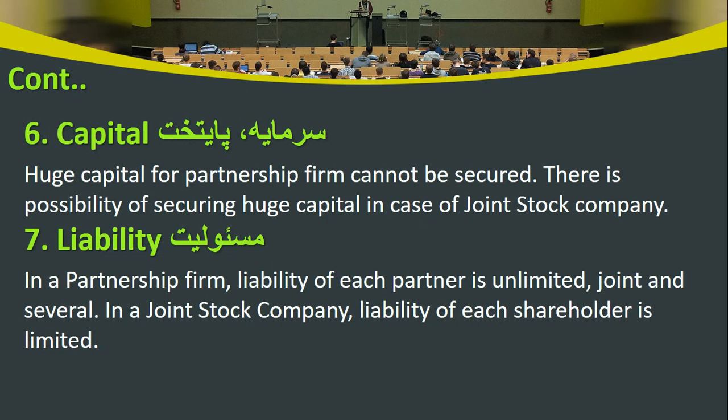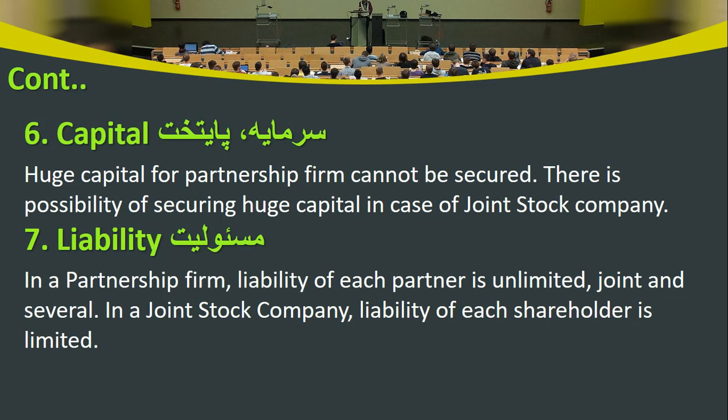Number 6, capital, right? Huge capital for a partnership firm cannot be secured. There is a possibility of securing huge capital in case of joint stock company. In partnership, the number of partners is few, while in joint stock company there are many shareholders, so they can raise funds pretty easily.